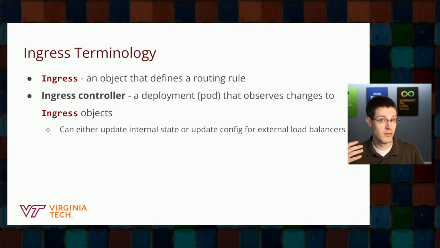And the configured environment could be going back to our external cloud-based load balancers and doing something, or it could be something that we're running internally. And that's what we're actually going to be doing here in just a minute, where we're going to deploy something in our cluster that's serving more or less as a reverse proxy and is able to do that smart routing. And hopefully that'll make sense here in just a few minutes.